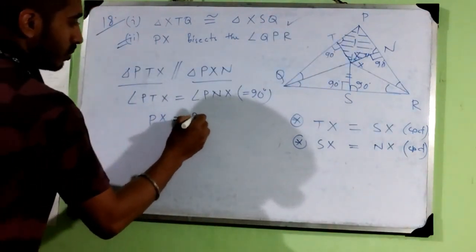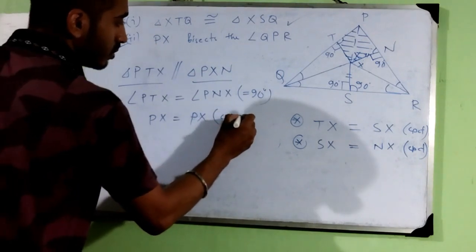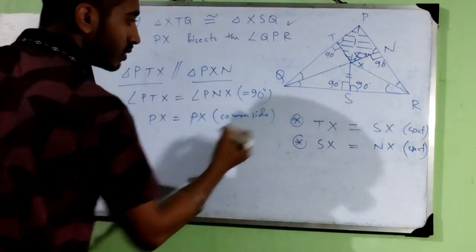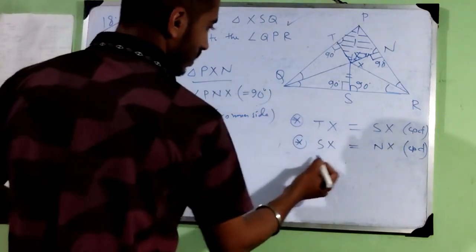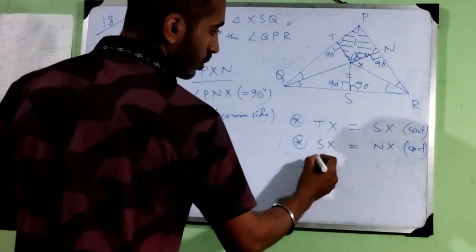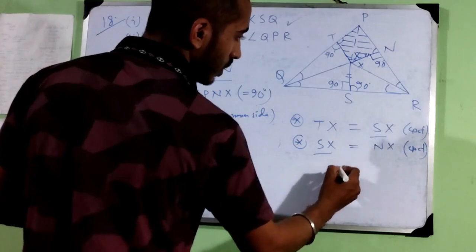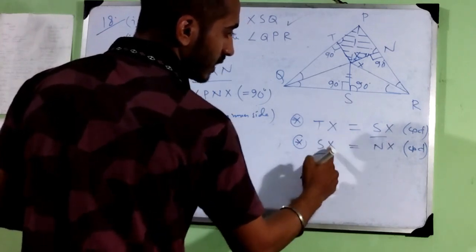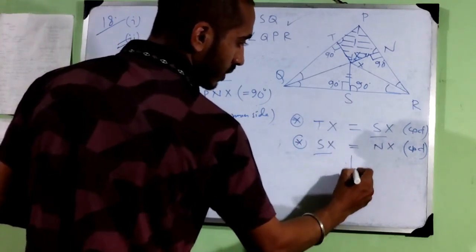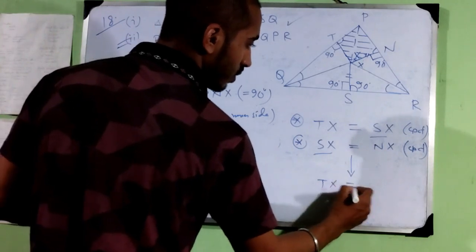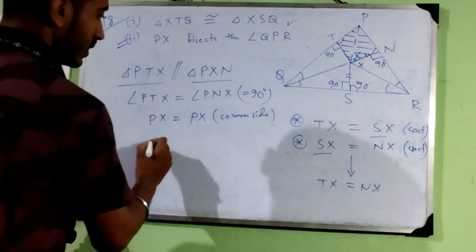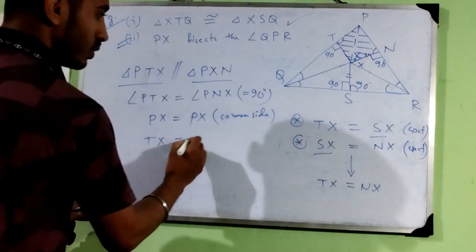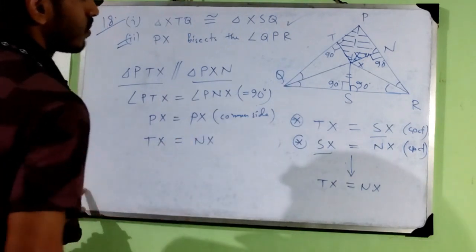Second, now PX is common to both of the angles. PX equal to PX, this common side. And we get another result, which we have already done: TX equal to NX. That will be written here, that is TX equal to NX.